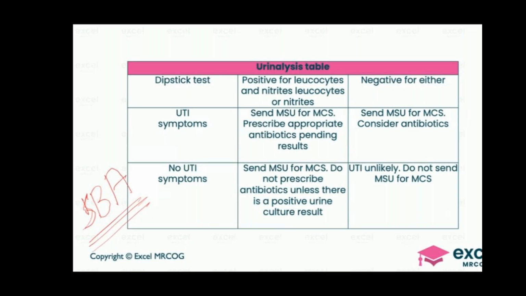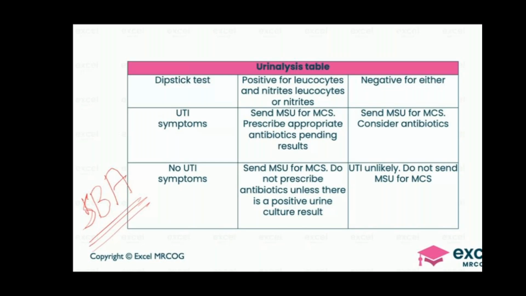If the patient comes with symptoms suggestive of UTI, say she's come with pain, she's come with burning micturition, even frequency for that matter is considered a UTI symptom, you do a urine dipstick. You can either have a positive report for both leukocytes and nitrites, or you can have negative for either or both. Both may be negative or one may be negative.